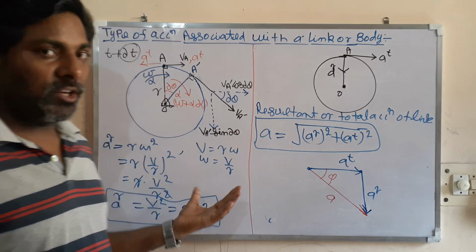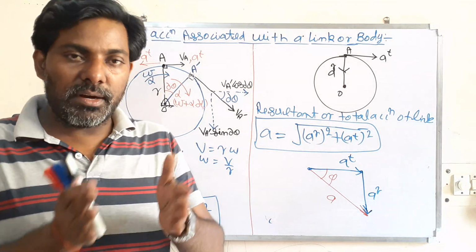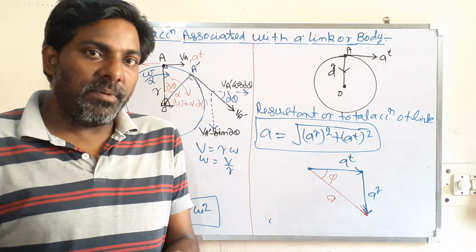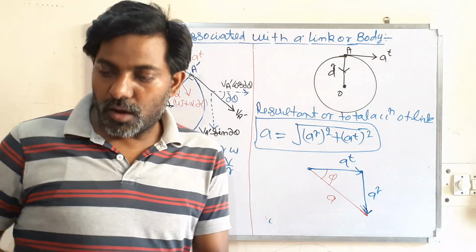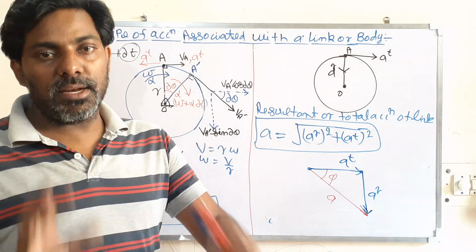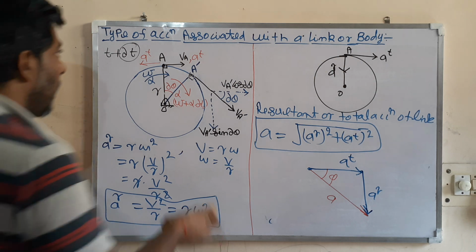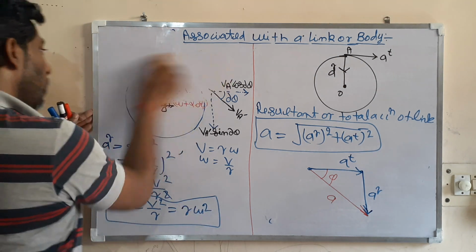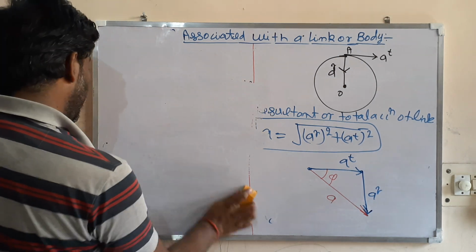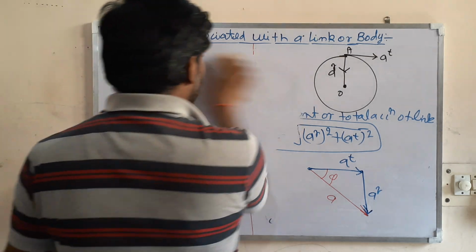So these are the two accelerations. You know the magnitude, the direction, and in what condition it will be 0. So I have discussed this much. Now I am going to start the acceleration of a link. Now going to enter into the core things, that is the acceleration of a link.